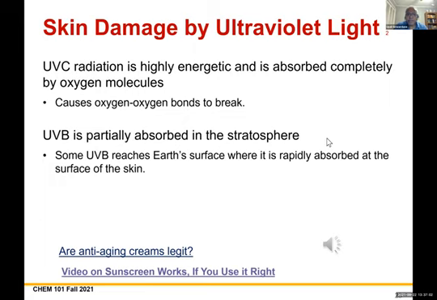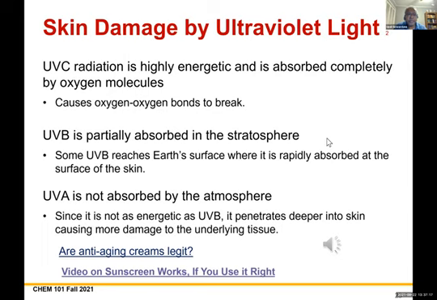So some could come through where the ozone layer is thin, or there's a hole in the ozone layer. So we have to be careful about the ozone layer.